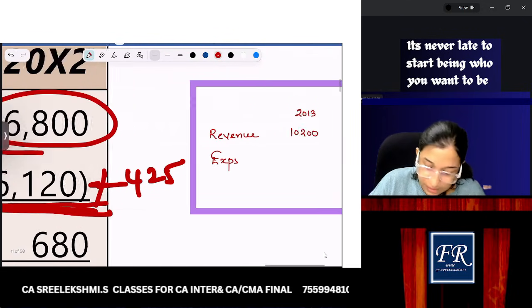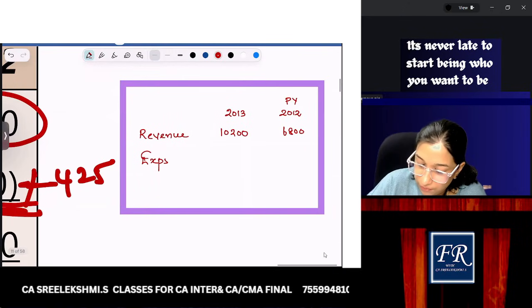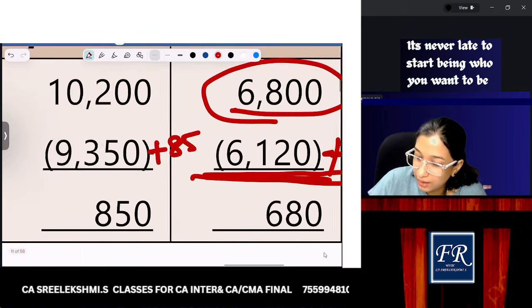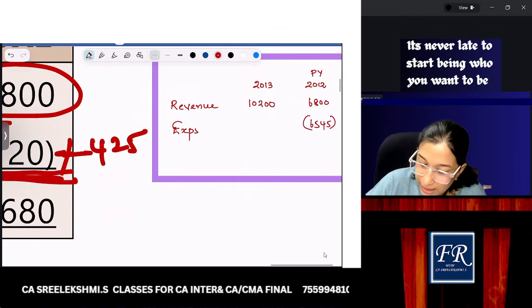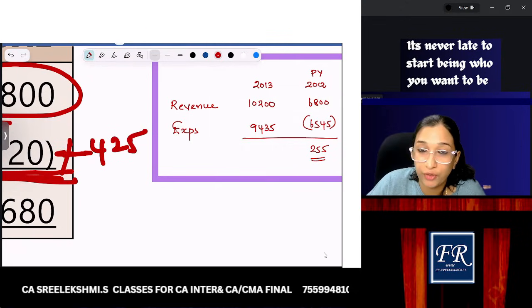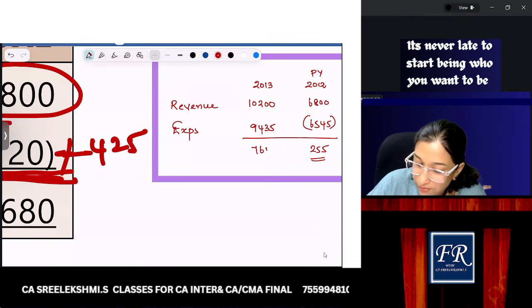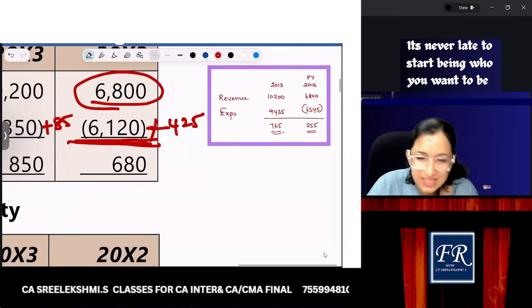Expenses: 6120 plus 425, 6545, and 9350 plus 85, 9435. So 6800 minus 6545, 255 is the corrected profit, and 10,200 minus 9435, 765 is the corrected profit. Okay, is it that simple?